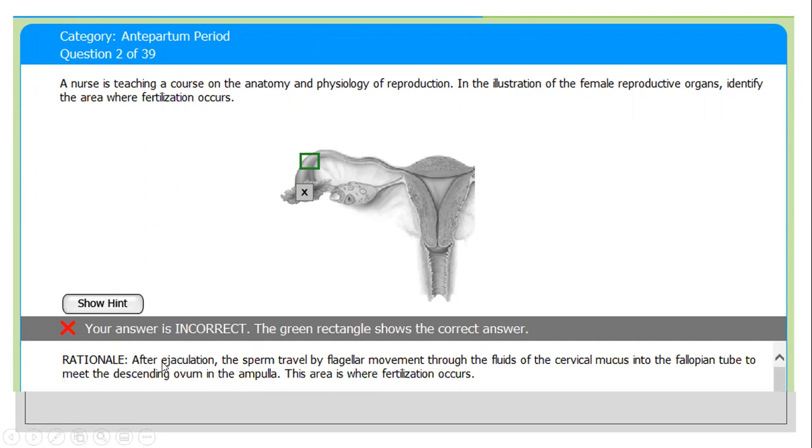After ejaculation, the sperm travel by flagella, moving through the fluids of the cervical mucus into the fallopian tube to meet the ova at the ampulla. So the ampulla is the part of the fallopian tube where sperm and ova unite and form the zygote, which we call fertilization.